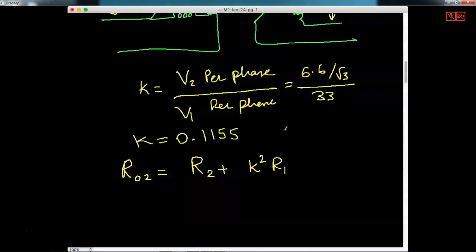Once I refer the resistance to the secondary side, I'll get the value. That is equal to R2, which is 0.08, plus 0.1155 squared into 8 ohms, which is the R1 given to us. So let's try to do that.